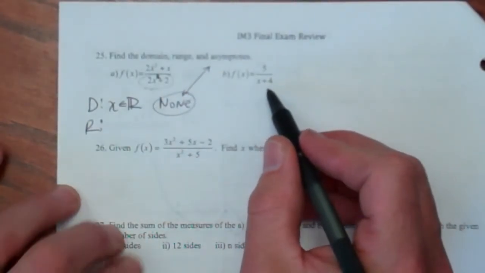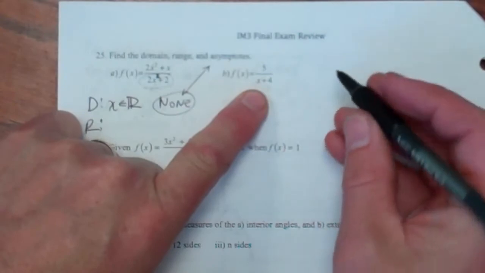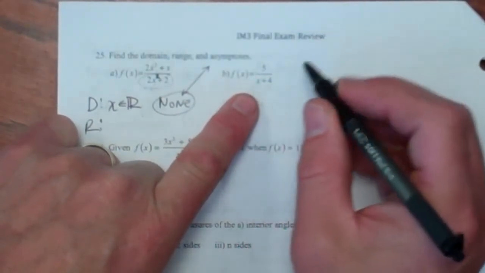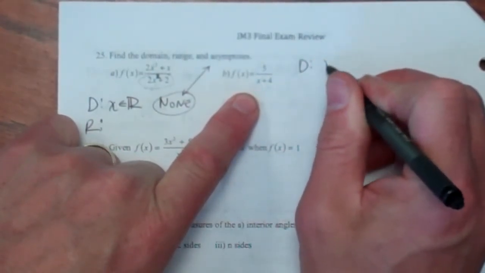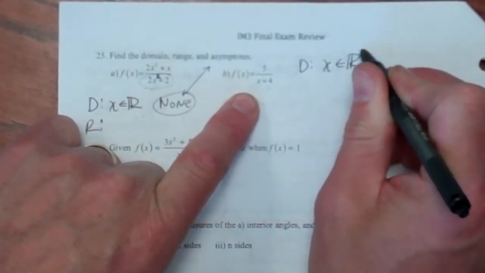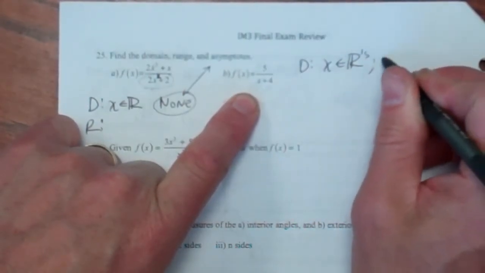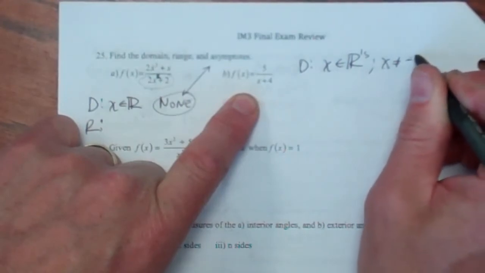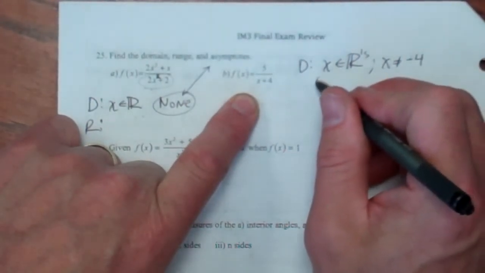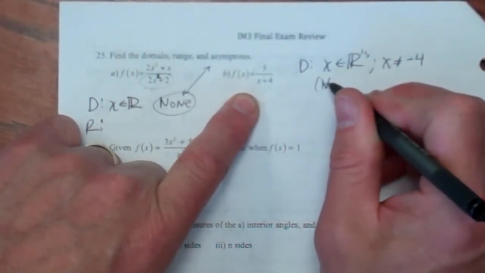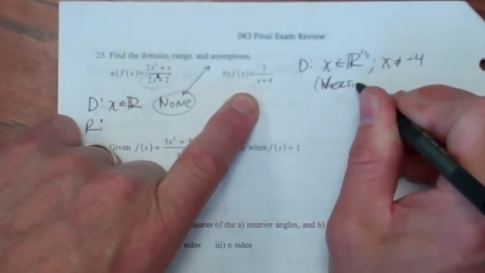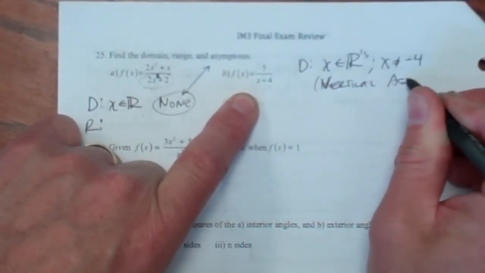Here we go though. There is going to be an asymptote here, and it will affect the domain. It's when x is -4. So the domain, x is an element of all the reals again, but x cannot be equal to -4. So this is a vertical asymptote.